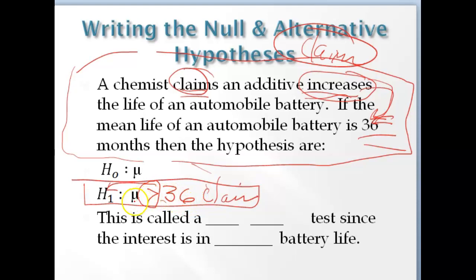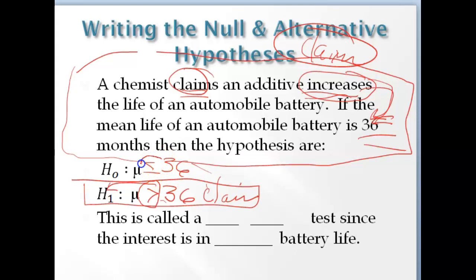Now, if a number is greater than 36, the complement of that would be a number is less than or equal to 36. The complement of mu is greater than 36 would be mu is less than or equal to 36.